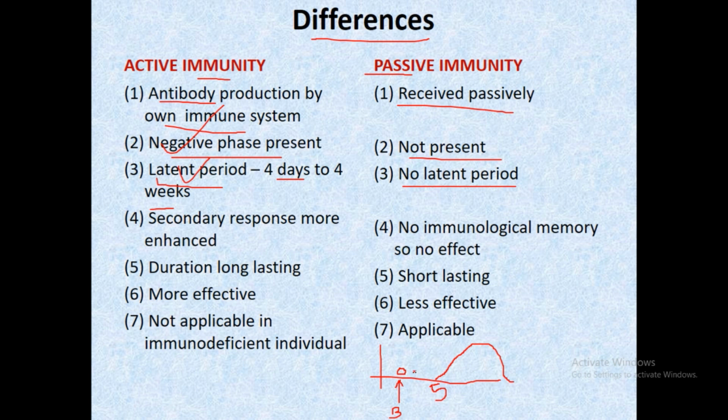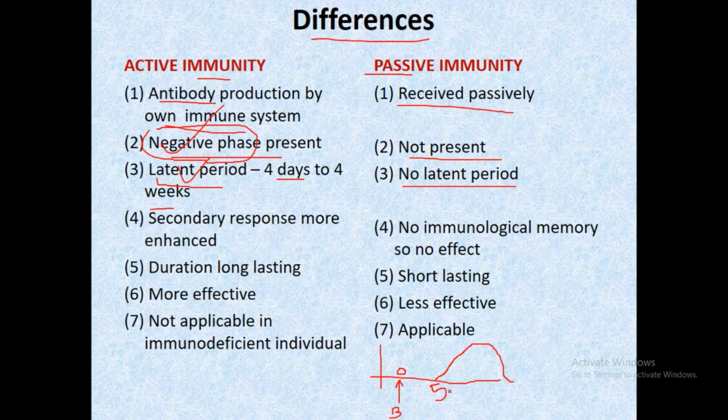Now during this 0 to 5 days, there is no immunity present to that specific bacteria inside our body. That means absence of immunity during this period. So this phase is known as the negative phase, without any type of immunity. Now the latent period is 4 days to 4 weeks.